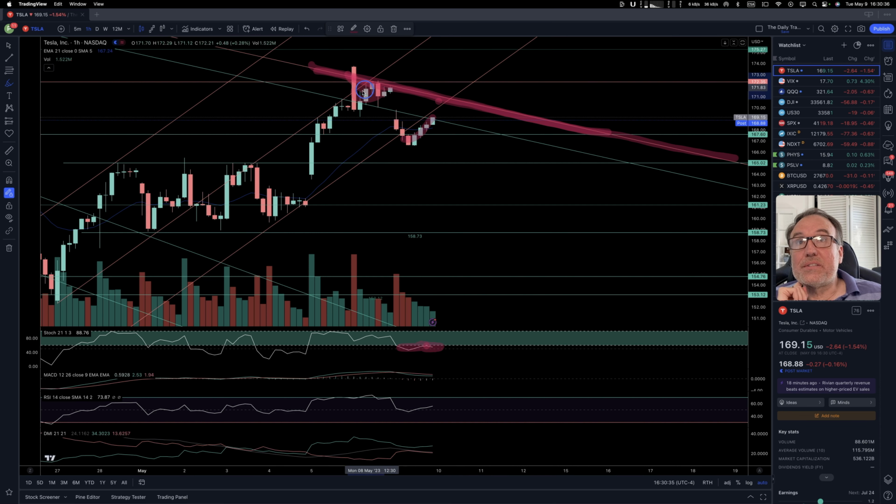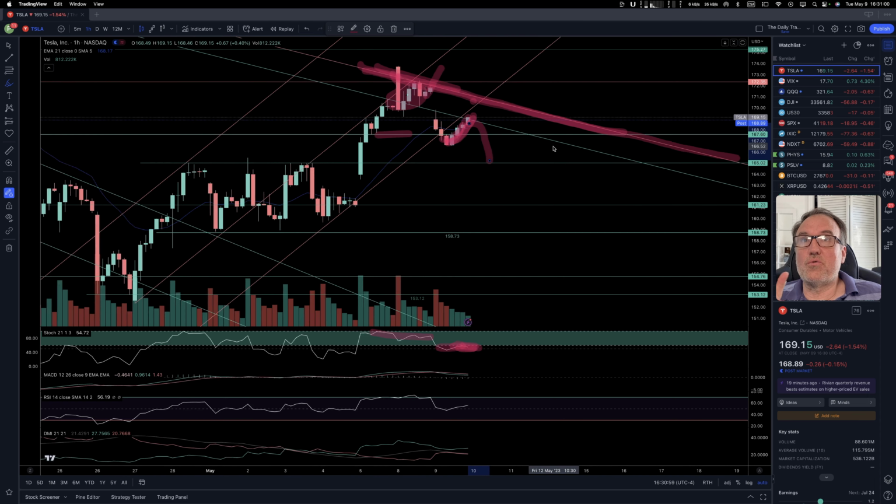When we were around here, around this downward resistance right here, we had stochastic over 60. So if we had crossed it, it would have been believable. But now this little cross here of that 167.60 resistance and this little move up is not yet believable because we don't have stochastic over 60. So we could be coming back down, just so you know.